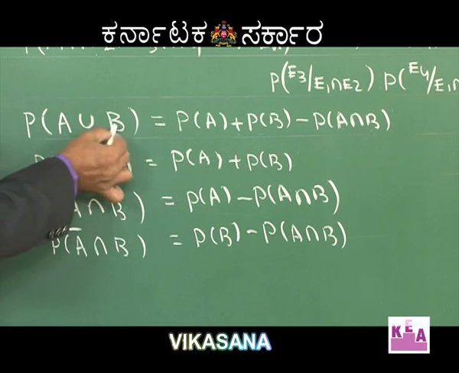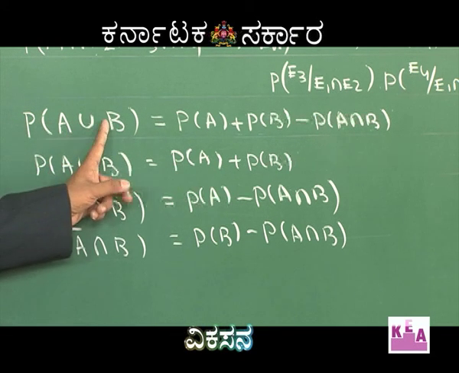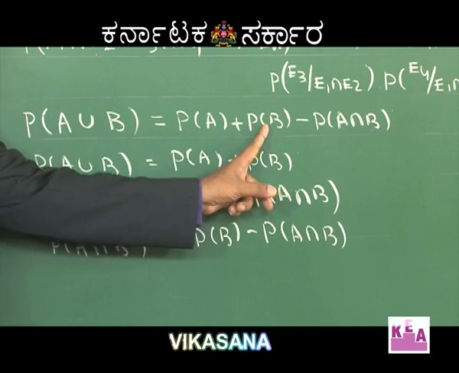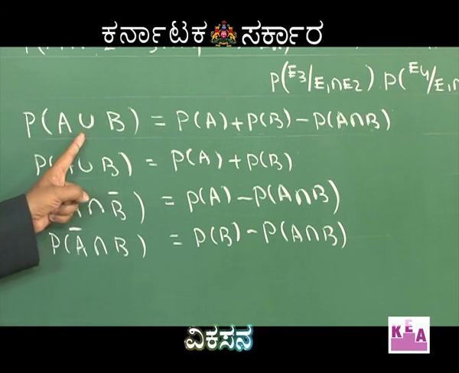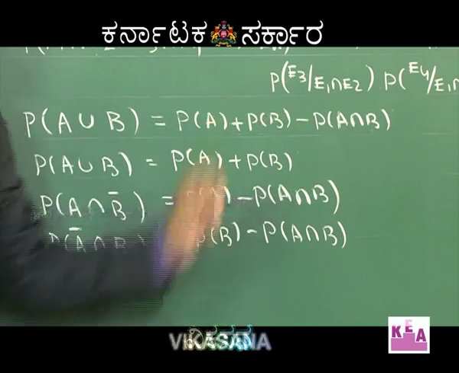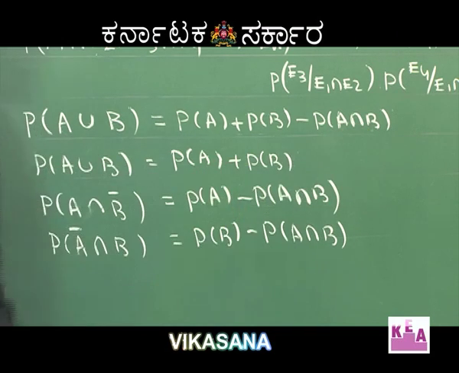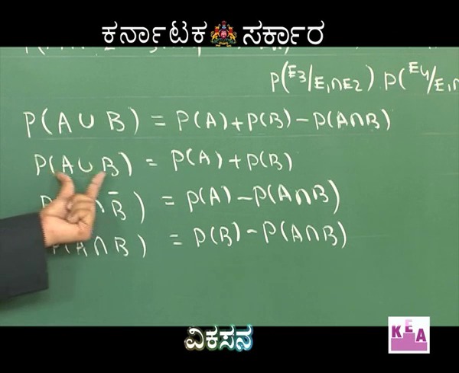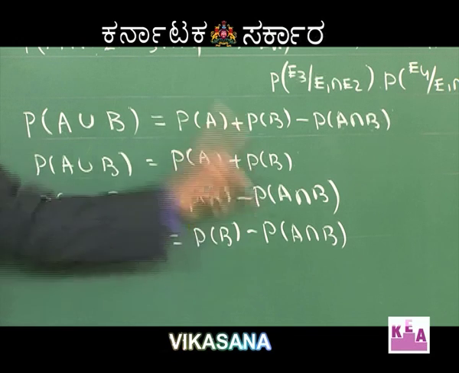Its set theory notation is A union B. Probability of A union B is the sum of probabilities of A and B minus probability of A intersection B. In the same addition theorem, whenever A and B both are mutually exclusive events, then A intersection B does not exist. In this case, probability of A intersection B will be 0. Then the addition theorem becomes probability of A union B equals the sum of probabilities of A and B.